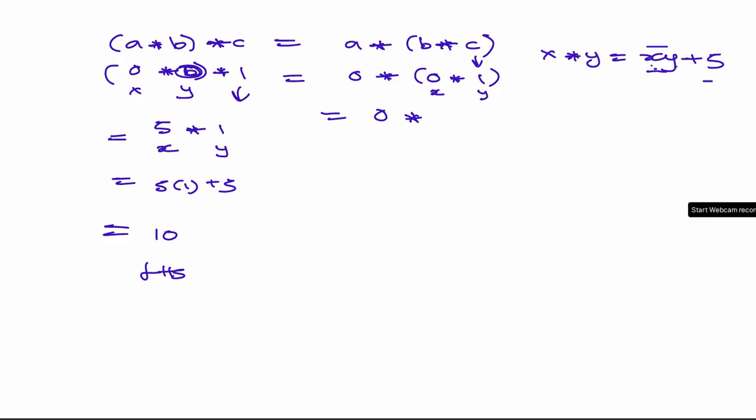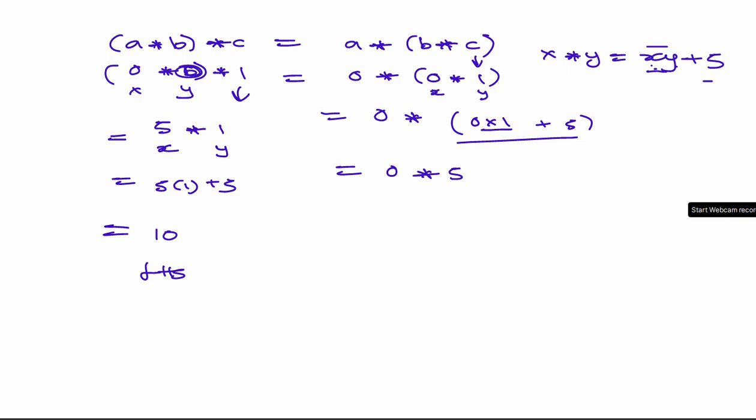So 0 times 1 becomes 0, plus that 5. So we get 5 here. So we are going to have 0 star 5 is what you are going to find.